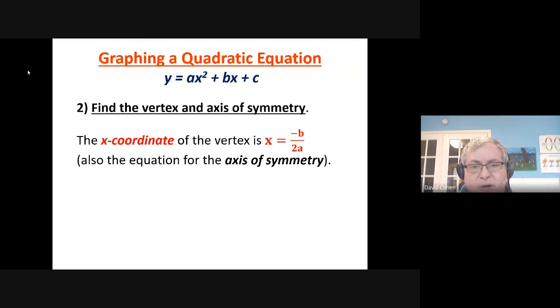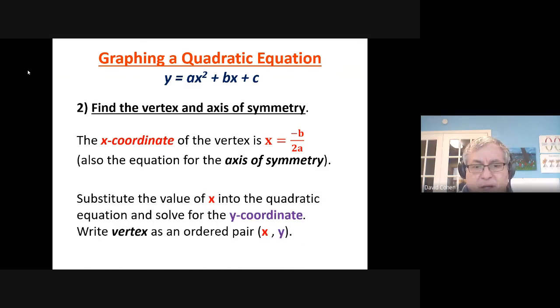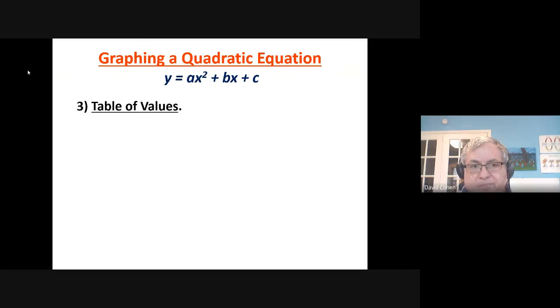So that's 1 squared is 1, plus 1 times x, which is 1, plus 2. Y's value will be then 4. We substitute the value of x into the quadratic equation to solve for the y-coordinate, and we write the vertex as an ordered pair x, comma, y.